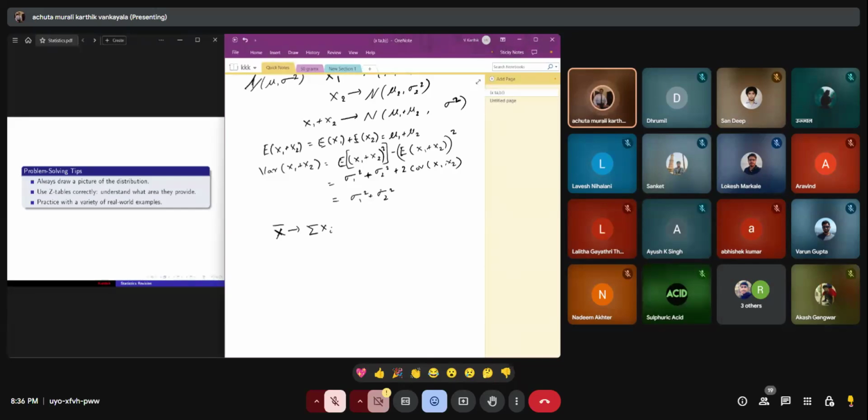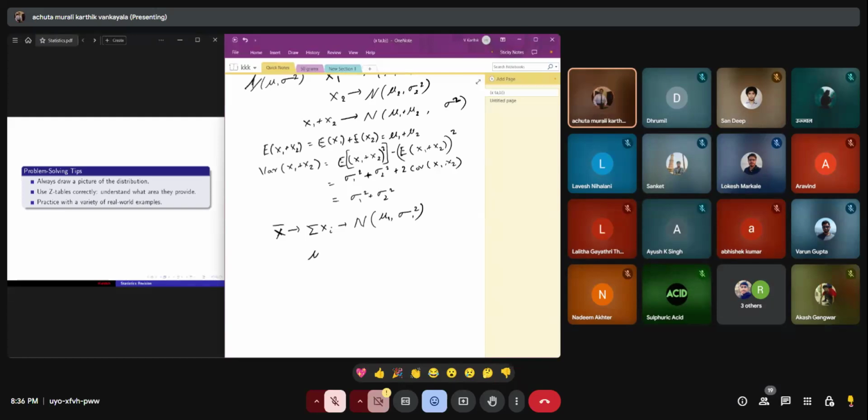Now, suppose you are first looking at sigma xi. What is the distribution for this? This is a normal distribution with some mu1, sigma square. Suppose this is your sigma xi.